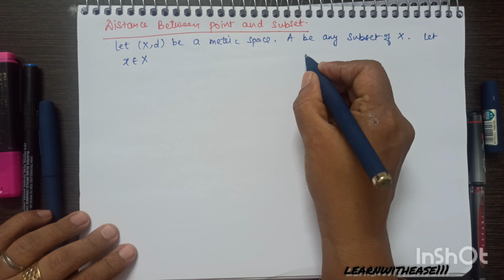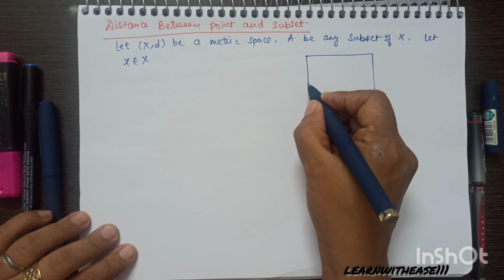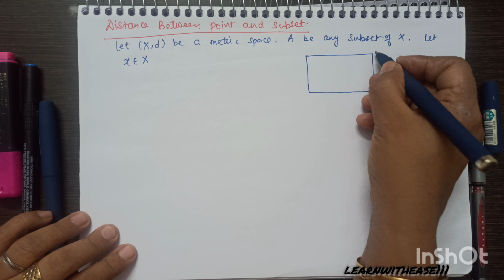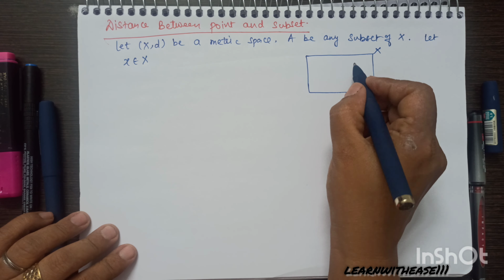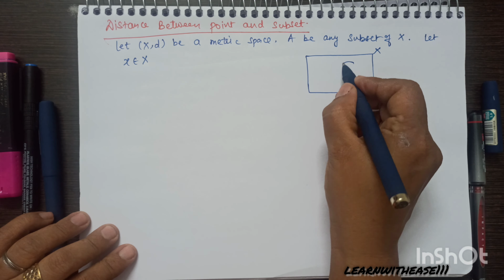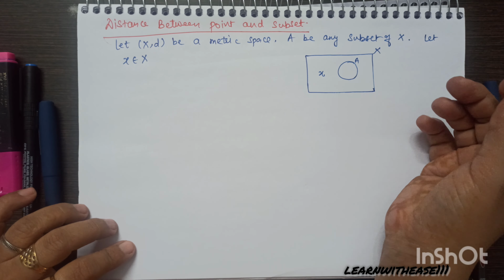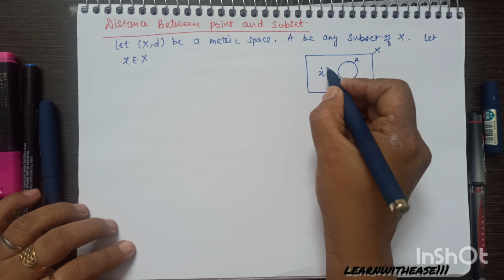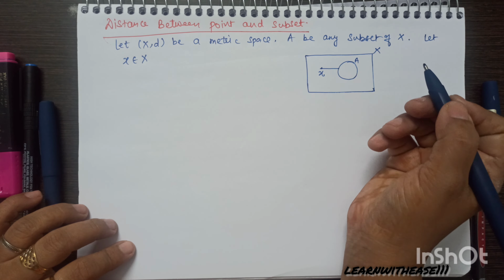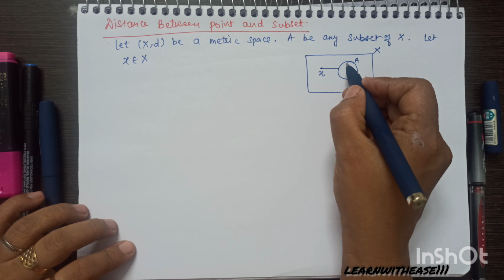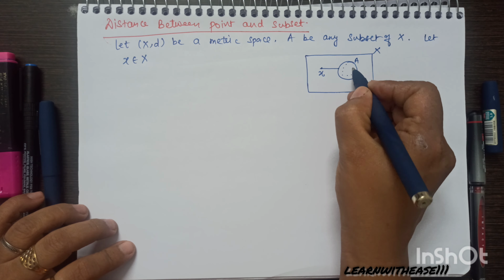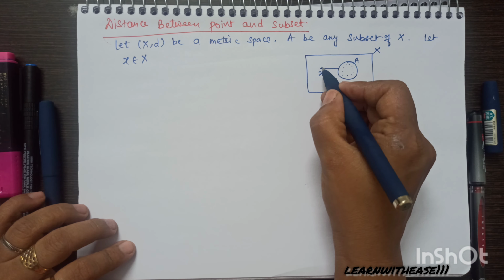Small x is any point from which we need to find the distance with the subset. X is a metric space, A is a subset, x is any point. This can lie inside A also, but in that case the distance will be 0. So we need to find the distance of x from subset A. There are many points in A, including on the boundary also.